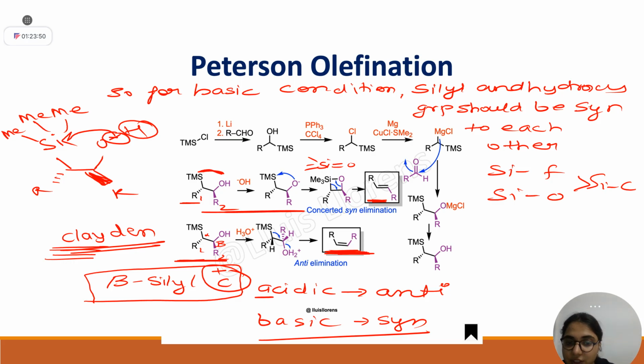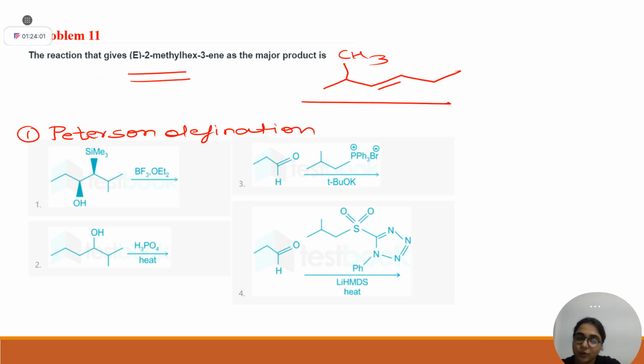So for acidic condition, they should be trans because now they can't form that four-membered ring. But they are syn in your starting material, and you need them trans. So obviously one bond will be rotated. So they are trans here, and in the final product they will be cis.